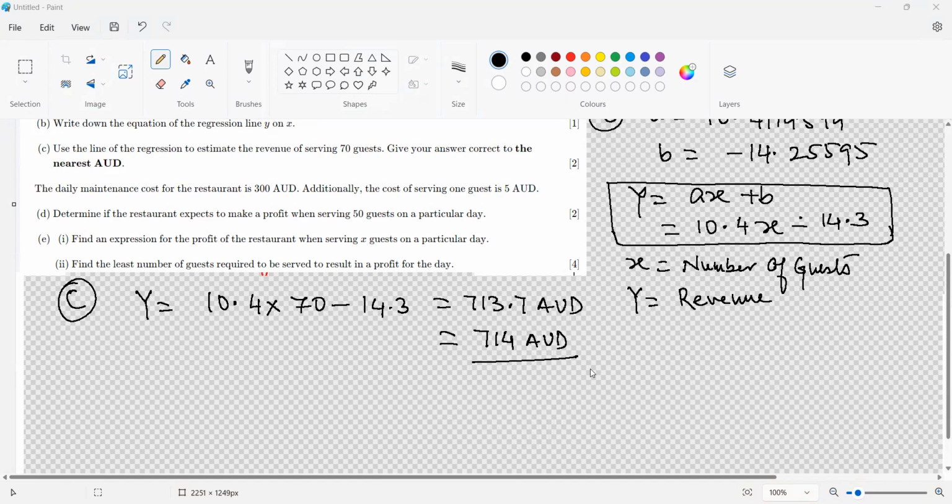Are you getting this? Yeah. So let's check whether they get a profit or not.